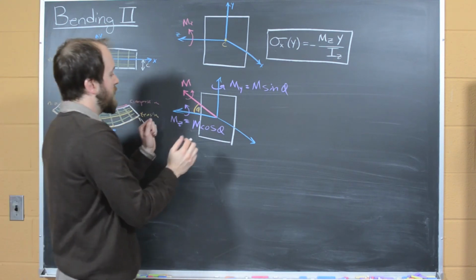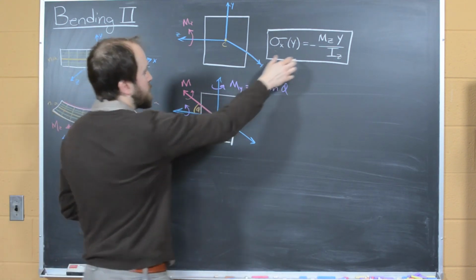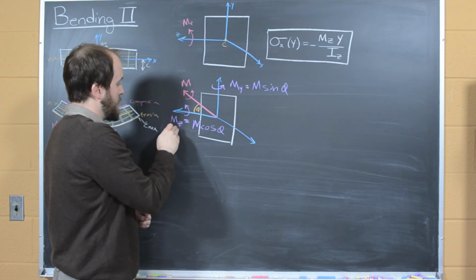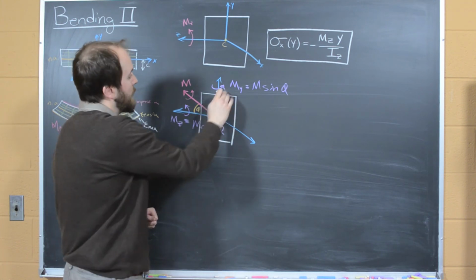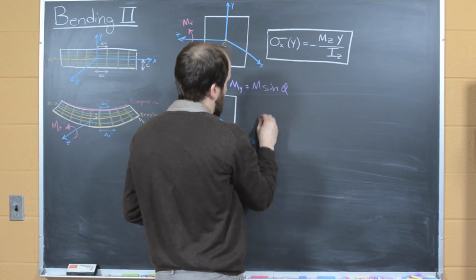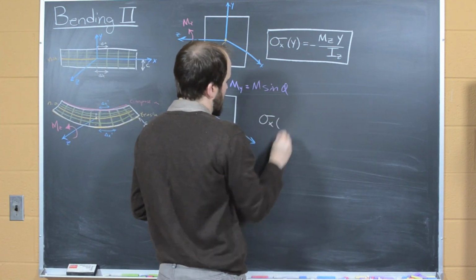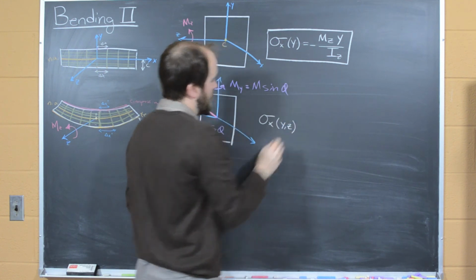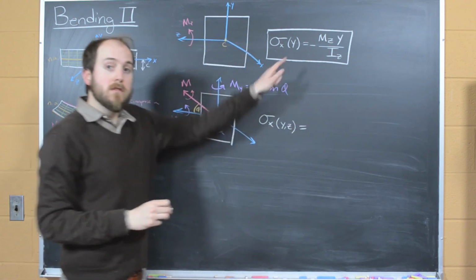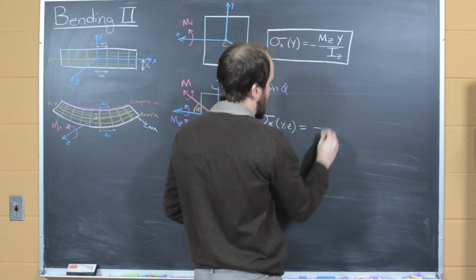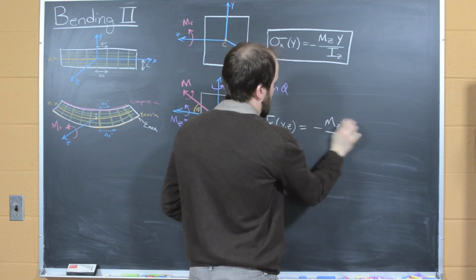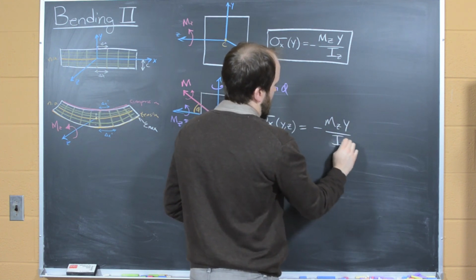And this mixed multiple moments situation requires us to split this up and consider both second moments of area. We obviously need a second moment of area about the z-axis to accommodate the moment about the z, and a second moment of area about the y-axis to accommodate the moment about y. And so what this equation becomes is that the normal stress is now going to be a function of both y and z. That's the normal stress in the x direction. And it's going to be equal to what we saw before, the same equation, so negative Mz times y over Iz.